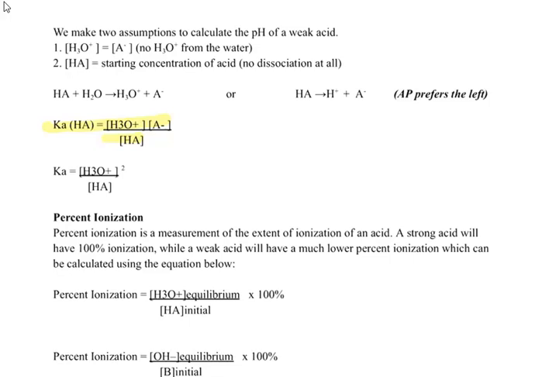And what you're going to find, as I show you examples here, is that your hydronium ion and your conjugate base are actually going to be the same thing, because that comes back to where we have minus X on both of them, and it's always going to be a 1-to-1. So you can shorten this down, so that it's actually going to be your hydronium ion squared. And again, I'm going to show you what we mean by that. And you may or may not want to do the shortcut. That'll be up to you.